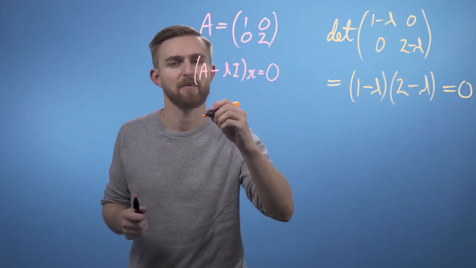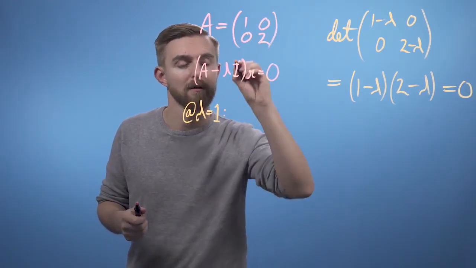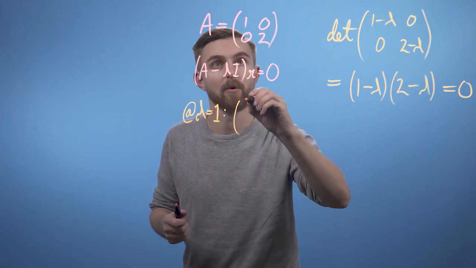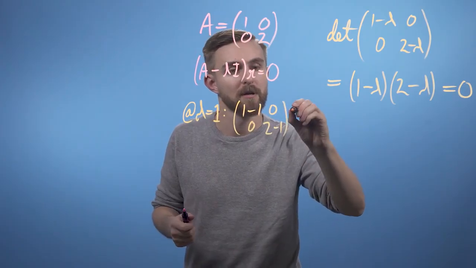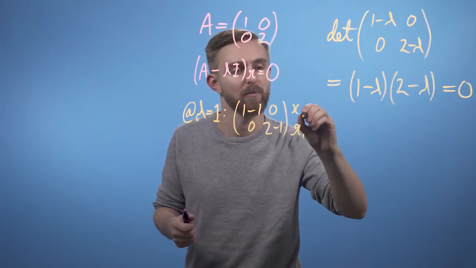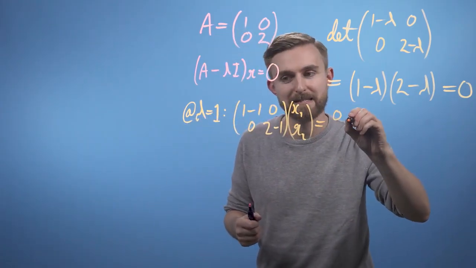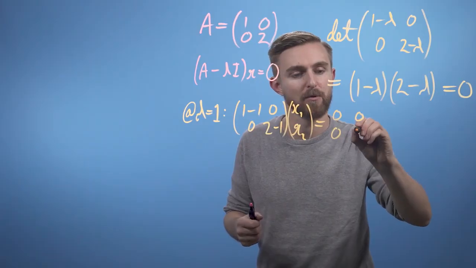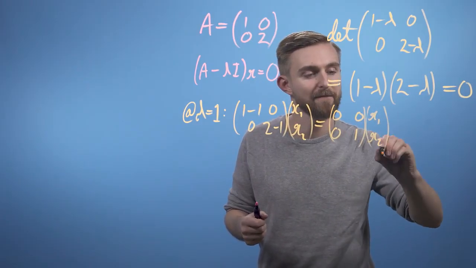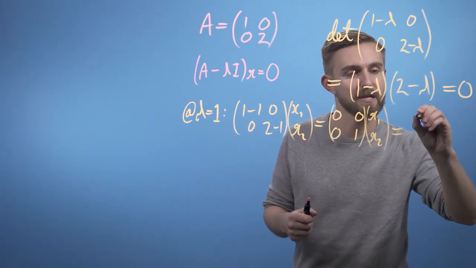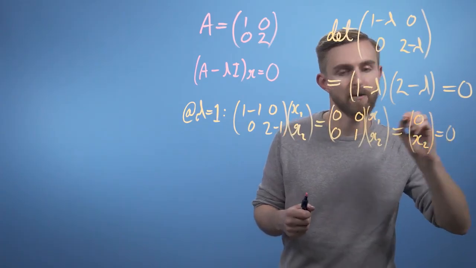So thinking about the case where lambda equals 1, we can say (1 minus 1, 0, 0, 2 minus 1) times this x vector, x1 and x2, must equal 0, 0, which gives (0, 0, 0, 1) times x1, x2. Therefore, we've got 0 and x2 must equal 0.